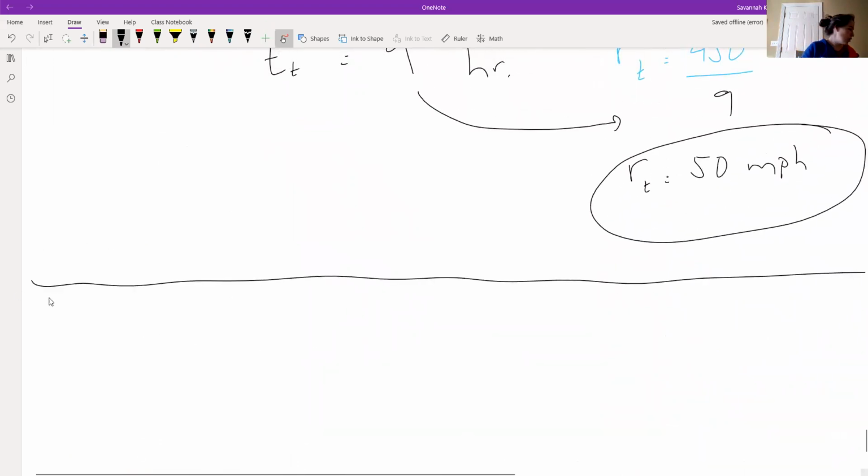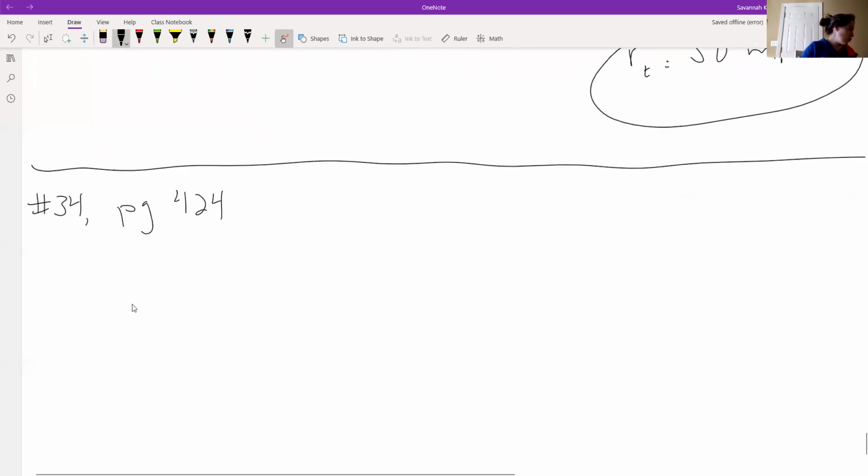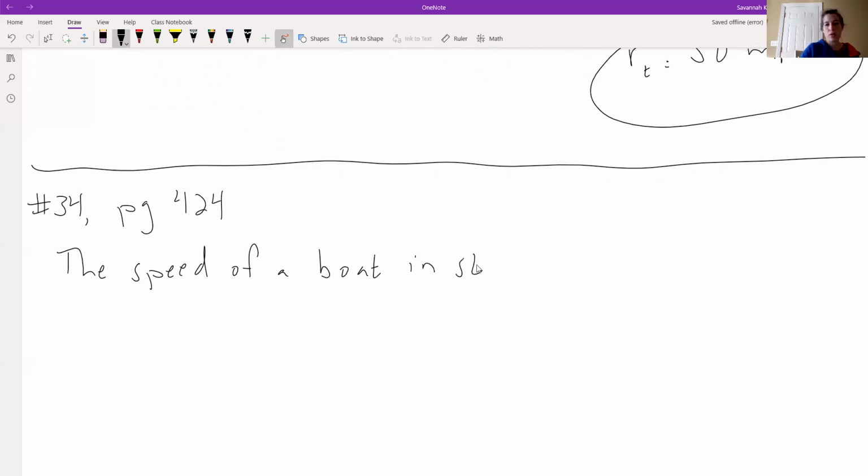Not as big a pool of options to draw from here because I want to leave you guys some practice problems. Okay, so page 424, we've got 34, and we're dealing with boats here.